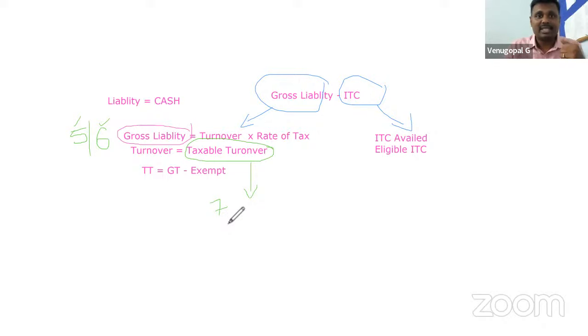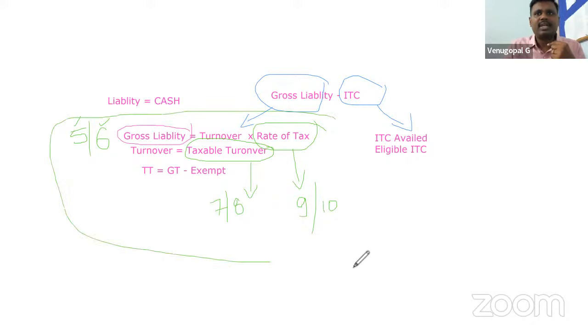If you have not paid taxes on that turnover and there is a difference, you will report the reasons for differences in table number 8. However, you are interested in your liability, which is this turnover multiplied by rate of tax. This information is captured in table number 9 of GSTR 9C. And if this is not matching, you will give the explanation in table number 10.